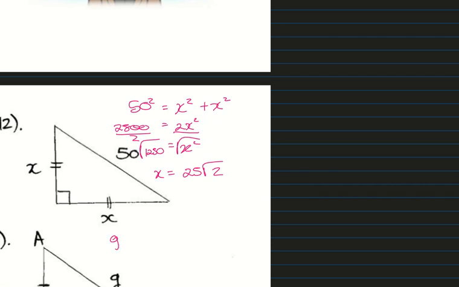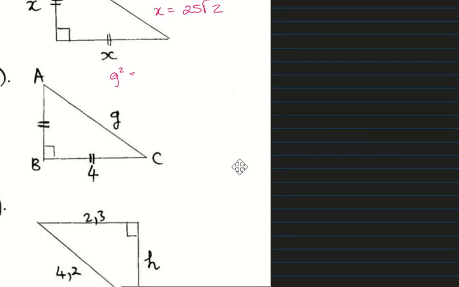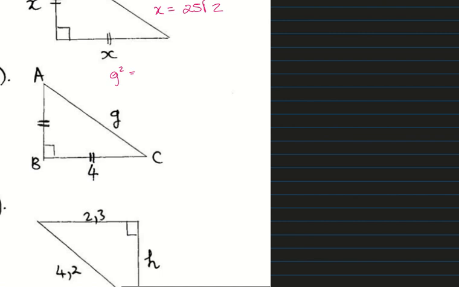Alright, so g squared is equal to 4 squared plus 4 squared. So that means g squared is equal to 16 plus 16, which equals 32. So g is equal to the square root of 32.